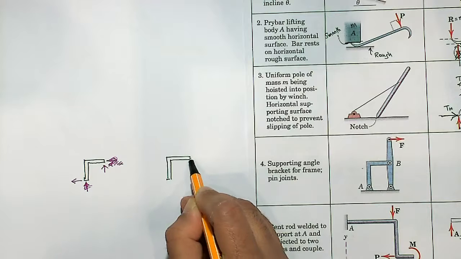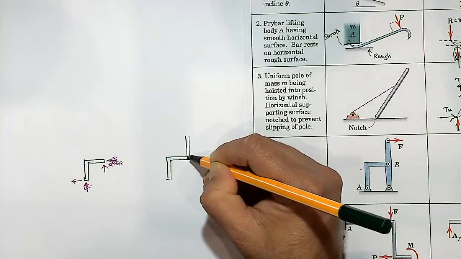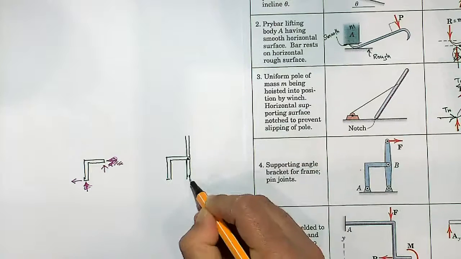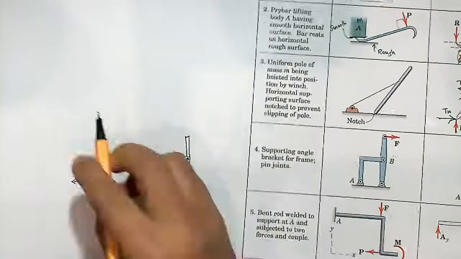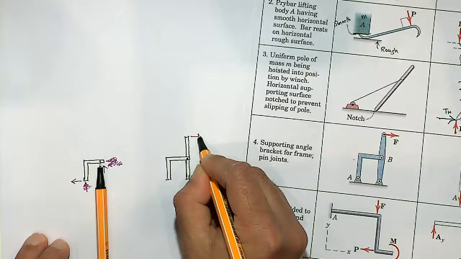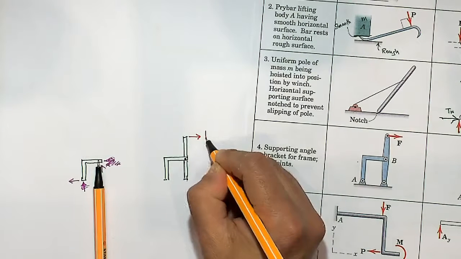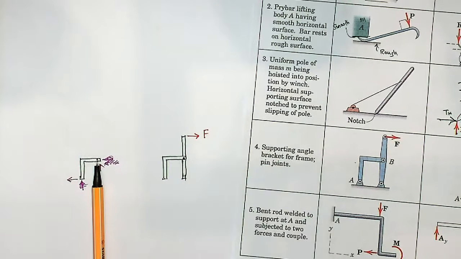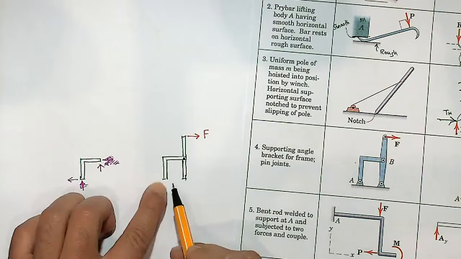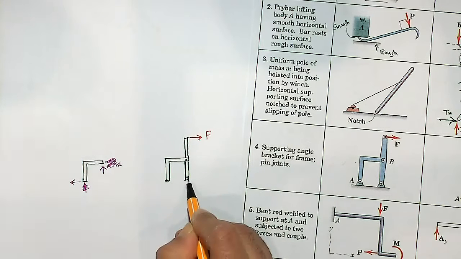You have got this pin over here, this is the reaction force, and I have got a force shown here in this direction. Now of course there would be two reaction forces under this one. Now what sort of reaction forces am I expecting at these two points?